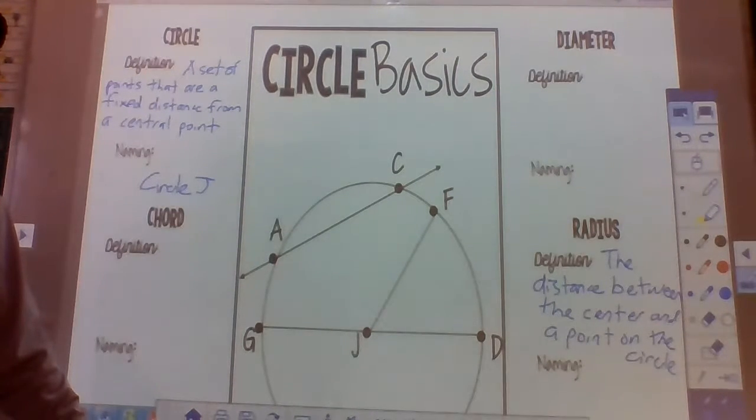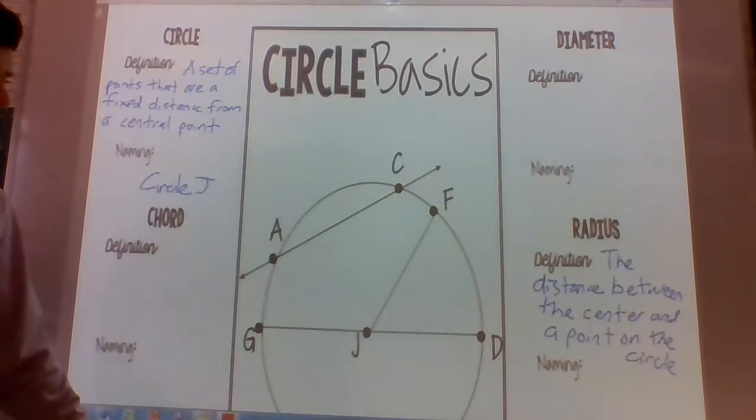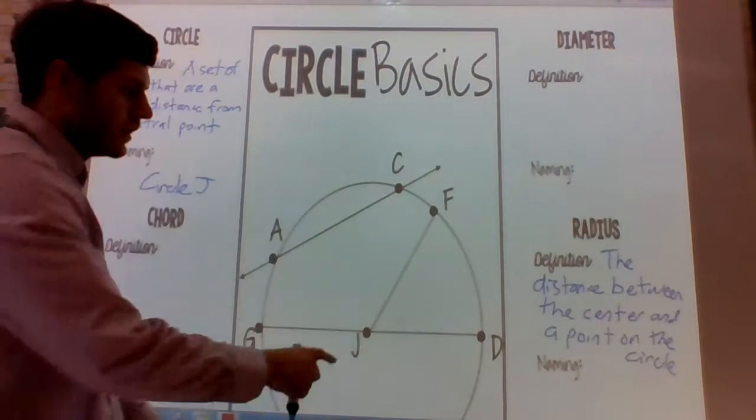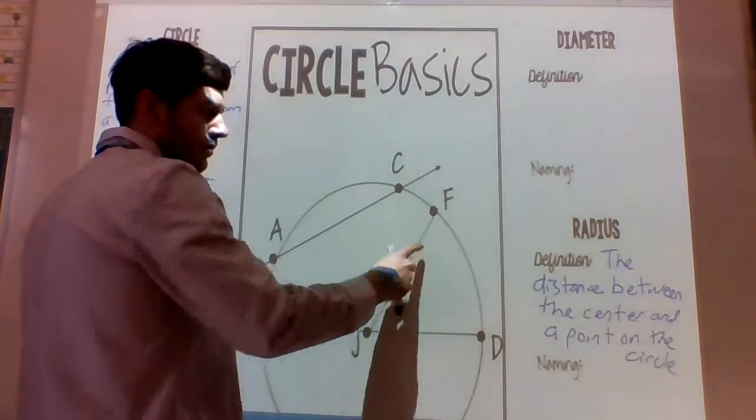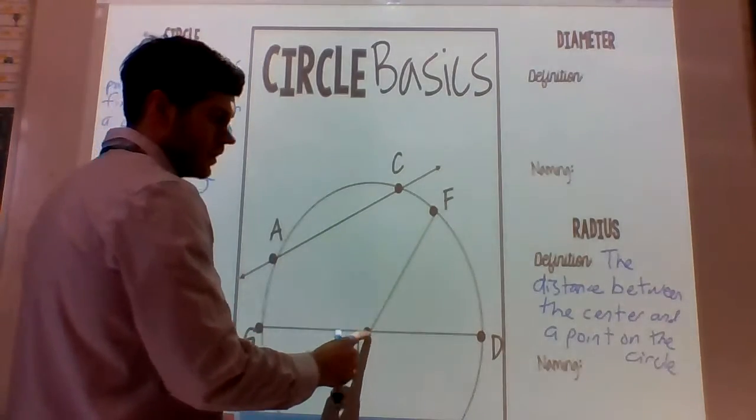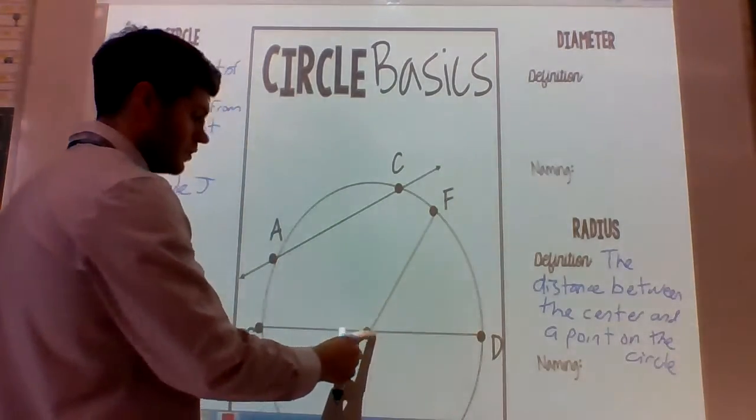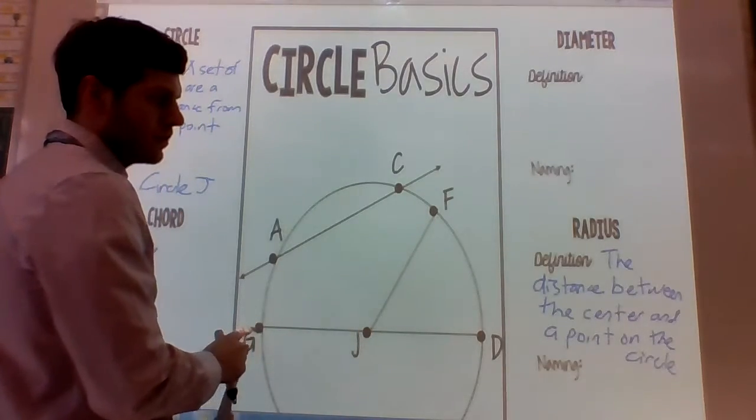We have three segments that represent the radius here. Again, here's the center. GF would represent a radius, GD would represent a radius, and GJ would represent a radius.